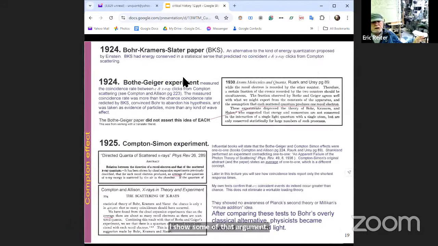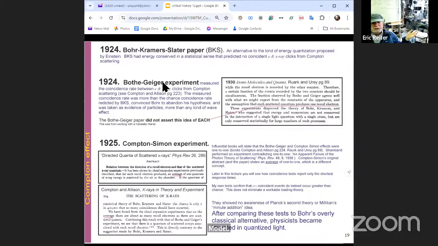Then there were other people who looked at this. Bohr, Kramers, and Slater considered that it doesn't have to be by particles, that there's a statistical, more classical way, but their model did not predict coincidences in the experiments.